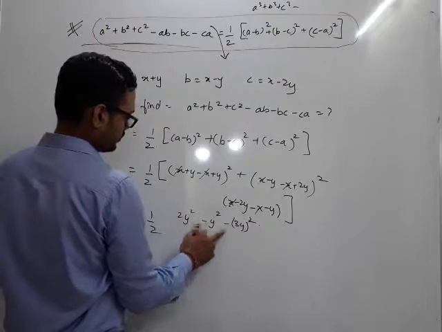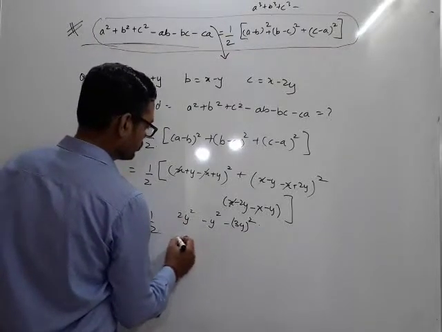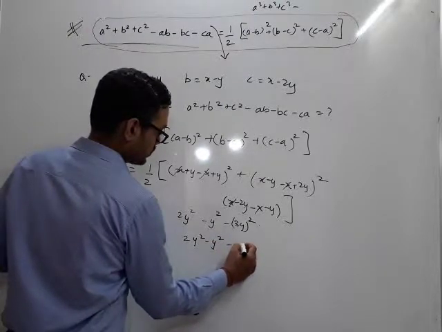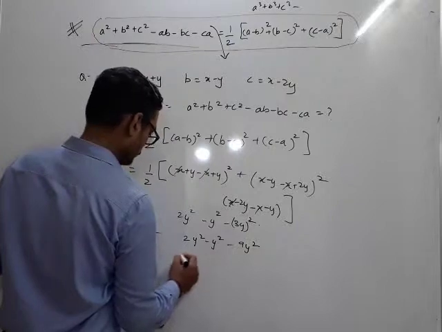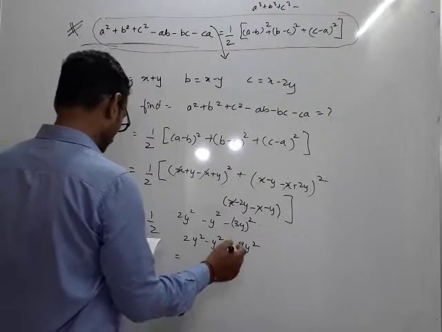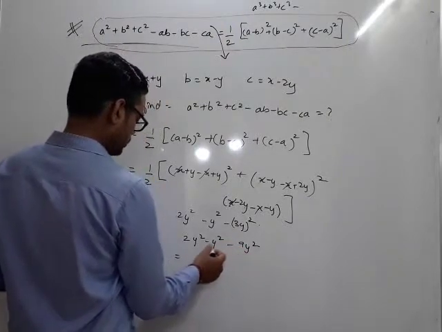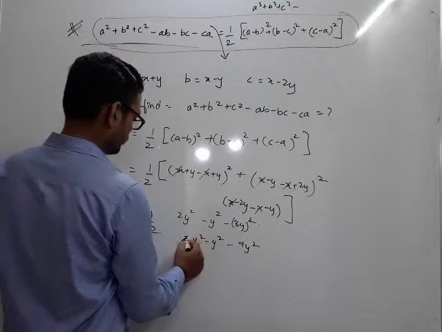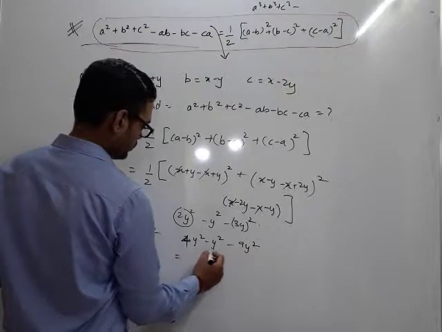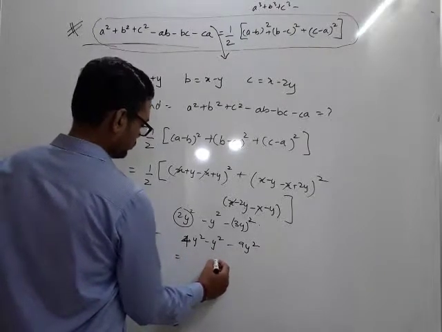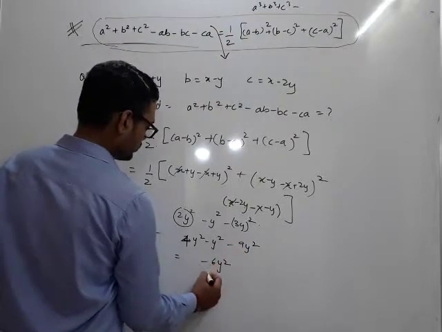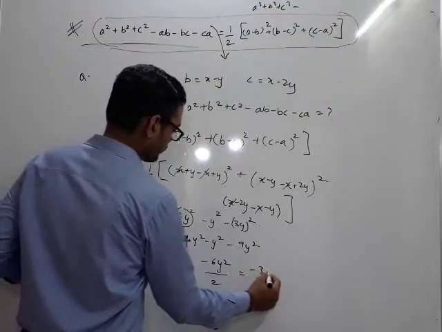So it's nothing else but 2y square minus y square minus 9y square. 2y square will be 4y square, 10 minus 4 comes to 6y square upon 2, minus 3y square.